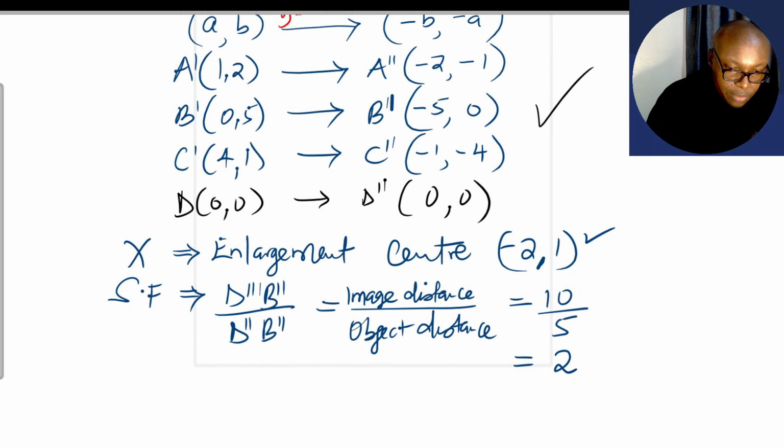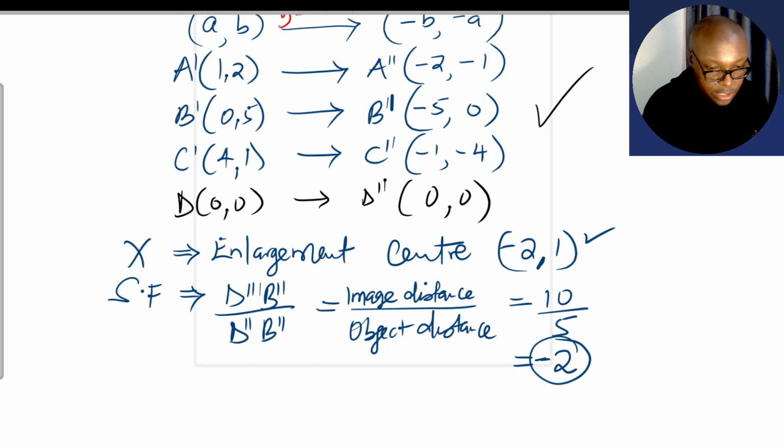Such kind of enlargement is considered to be a negative enlargement. So this enlargement is given by -2, not +2. Therefore we have described an enlargement by giving the center of enlargement, which is (-2, 1), and the scale factor of enlargement, which is -2. So that is how you're supposed to solve that question.